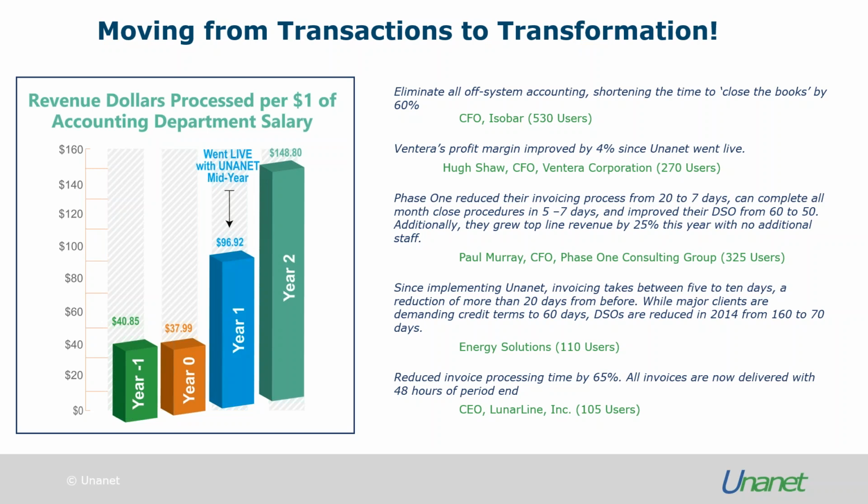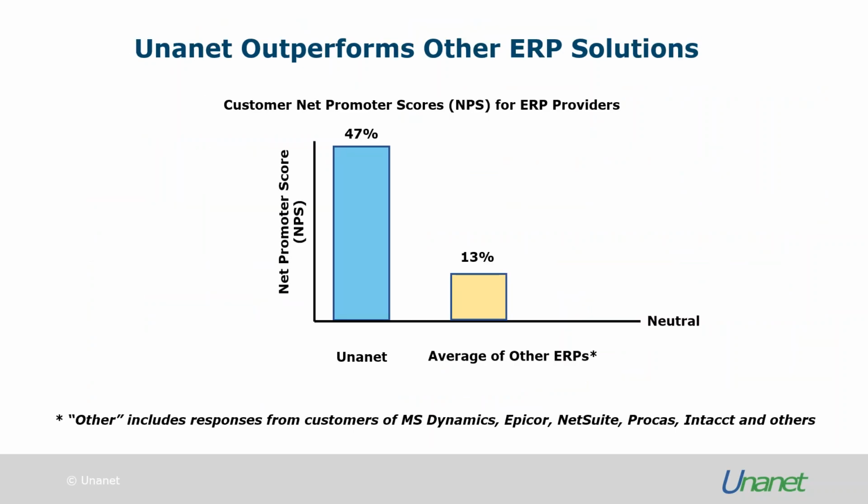Most significantly, one of our companies says that they've reduced their invoicing to 5 to 10 days, a reduction of more than 20 days from their previous achievements. And that translates to a reduced days sales outstanding, or DSO. As you know, in the project business, we live and die by DSO.